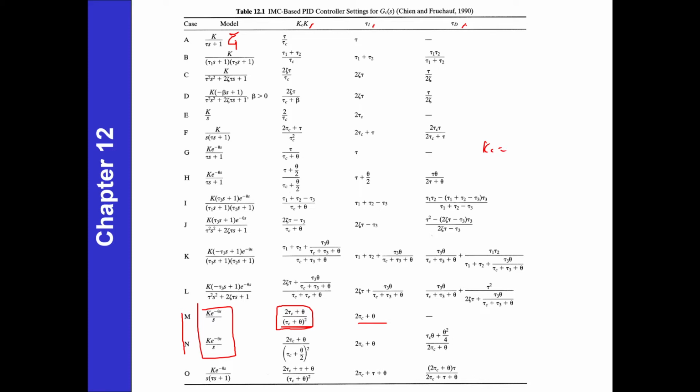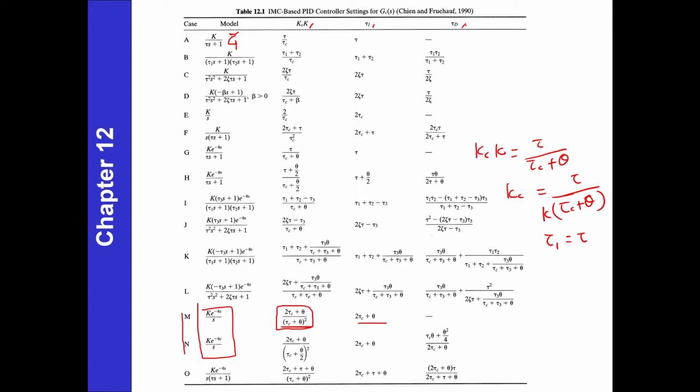Kc K is equal to tau over tau C plus theta. So Kc is equal to tau over tau C plus theta, and tau I is equal to tau, exactly the same as the direct synthesis method.